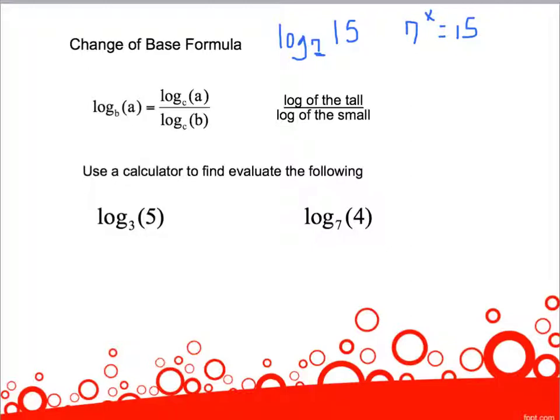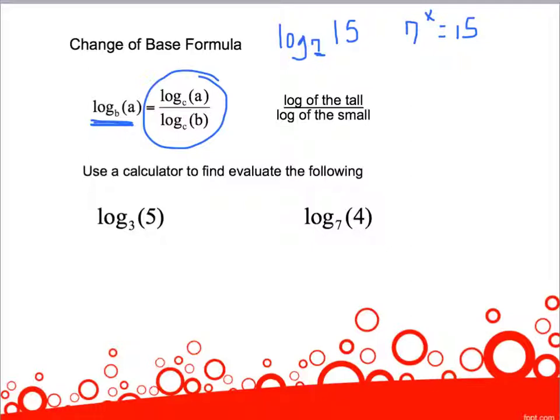It says, okay, let's say you have log base b of a. So like log base 7 of 15. If you can't evaluate that logarithm, you could rewrite that in terms of a different base and then evaluate it using log base c of a over log base c of b. Now that may look confusing, but here's what we're saying.